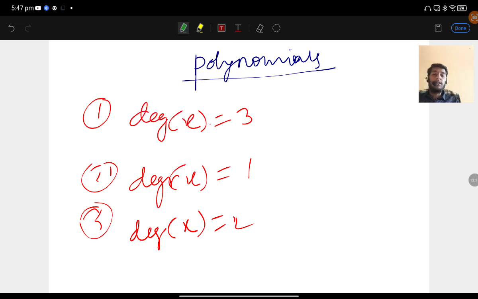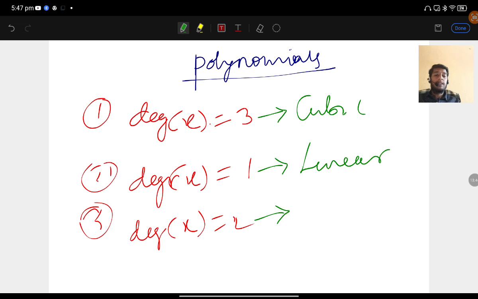In front of this we have to write the type of polynomial. As I said earlier, the polynomial whose degree is 3, we call it a cubic polynomial. See the next example. Degree of x equal to 1 means this is a linear one.